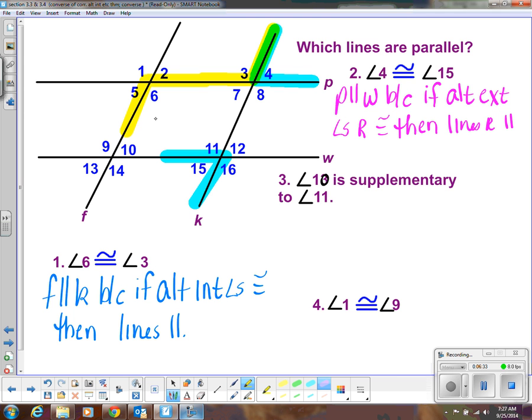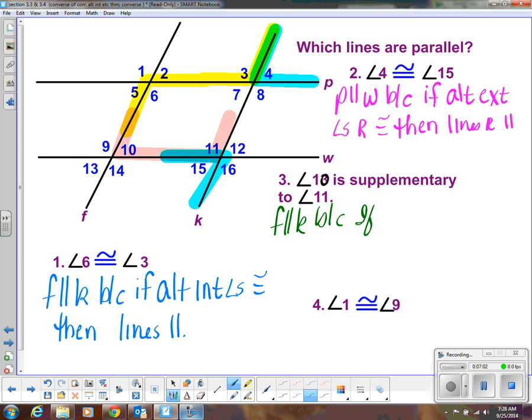So 10 and 11 are supplementary. So if you were to trace the sides of 10 over to 11, what letters formed? A U or a C. So what lines are going to be parallel this time, Nick? F parallel to K, because you can see that line's parallel to that line.